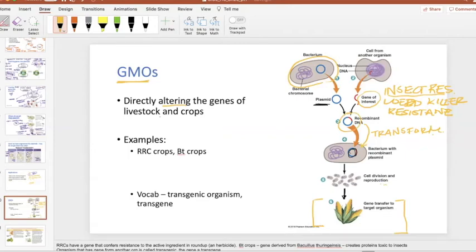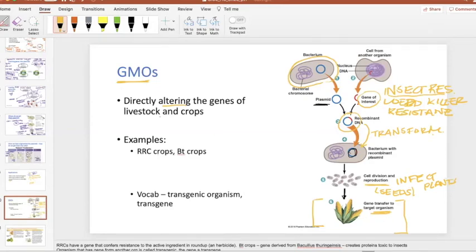And the key is that you use a bacteria that you know can infect plants. So you allow these plants to become infected. You actually allow their seeds to become infected with these various genetically modified bacteria. And thereby you can transfer your gene of interest to your crop. You can transfer it to your corn or whatever it is that you're looking at.